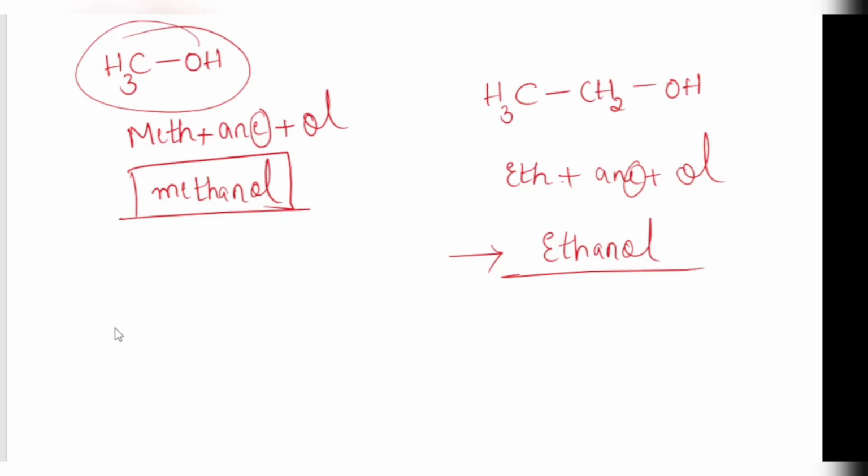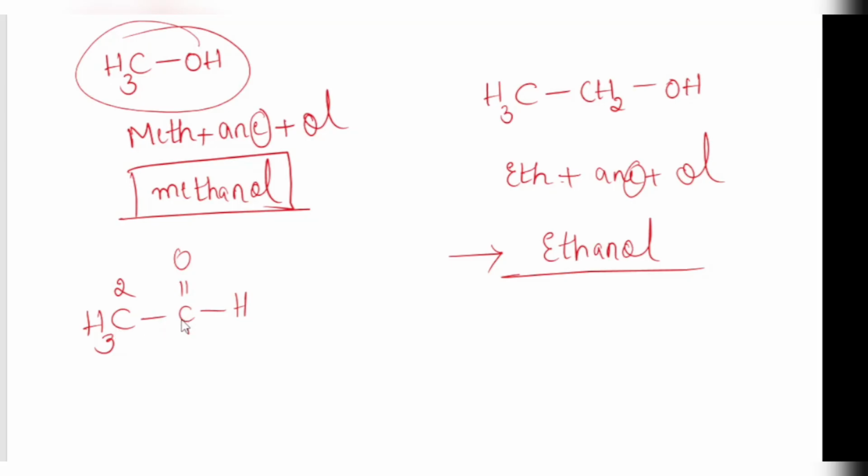Suppose I will take another example of a carbonyl compound, that is C double bond O, and here H is there. If this group is there, the functional group is aldehyde. I have to number from this particular carbon, that is 1 and 2 is there. Now what is the root word for this?